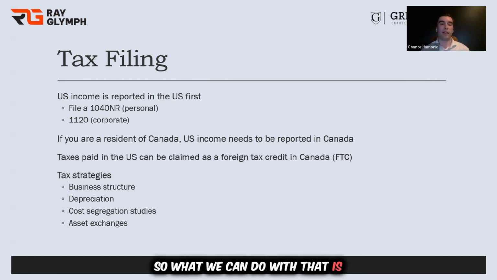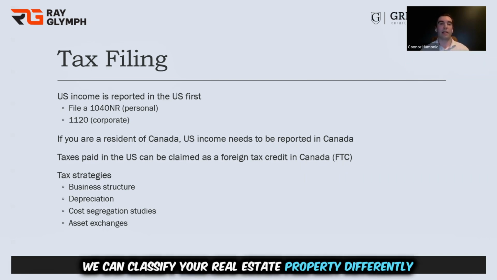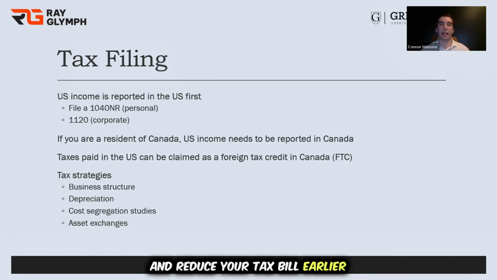If you get this study done, we can classify your real estate property differently depending on what the study tells us. This essentially lets us claim a different rate of depreciation and claim more depreciation in the first couple of years. This would give us a bigger benefit upfront and reduce your tax bill earlier, so then you can start cash flowing the property.